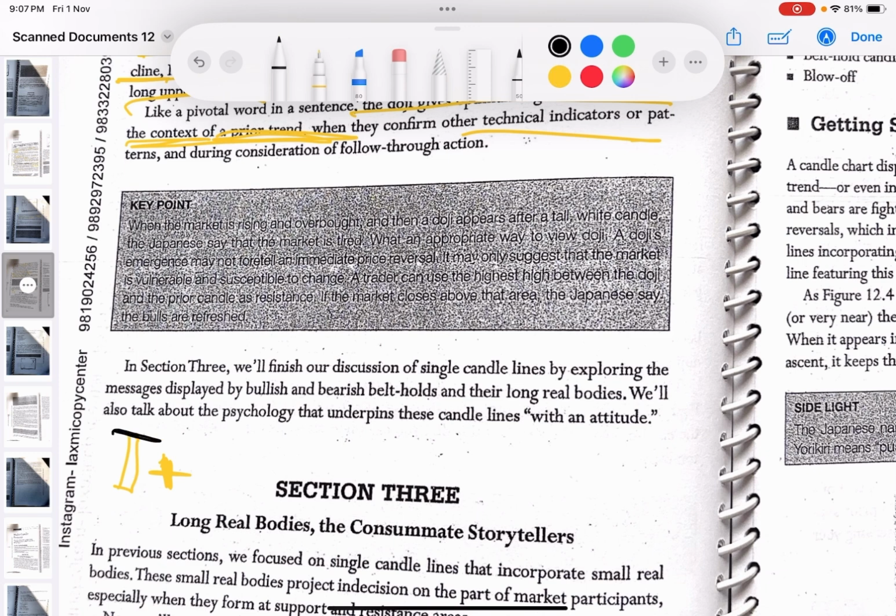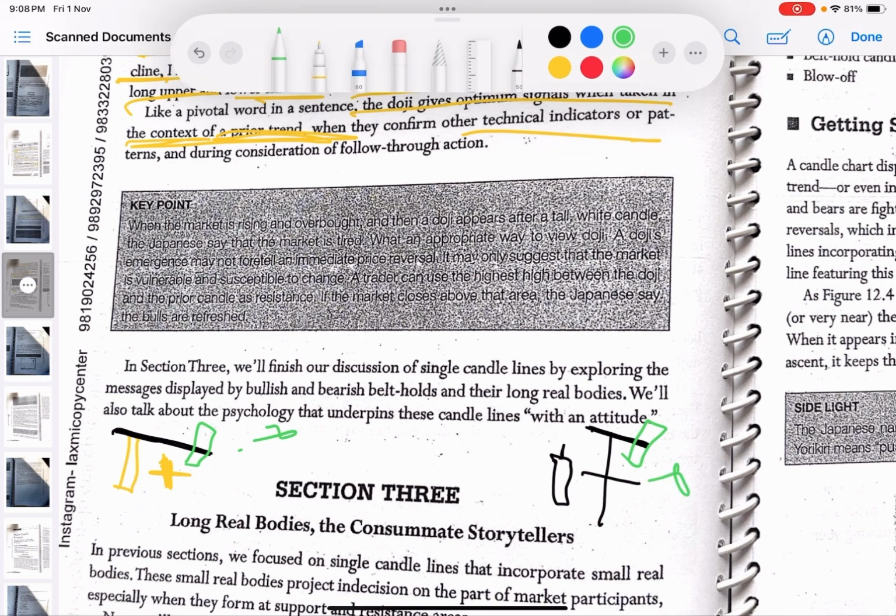This is the highest high, so that can act as resistance. In case my doji is this big, then this will be my highest high. If the price closes above this high, then we can say that it is invalidated and bulls are strong again.